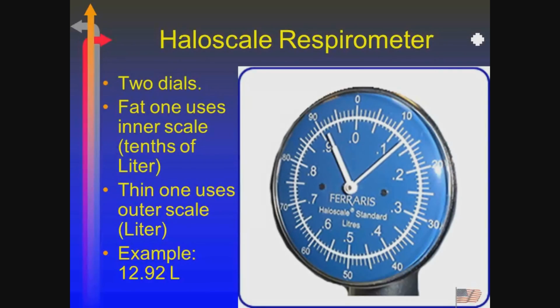So if I was counting what this minute volume was, I go here and I go, so this is almost to 13, this is almost back to the top. So I would call this 12.92. See how I read that?